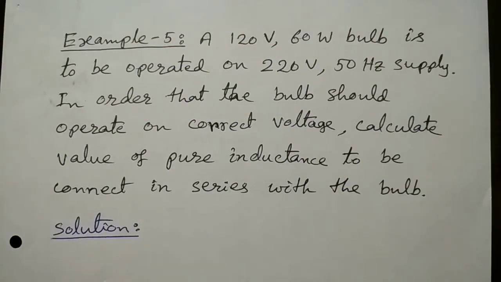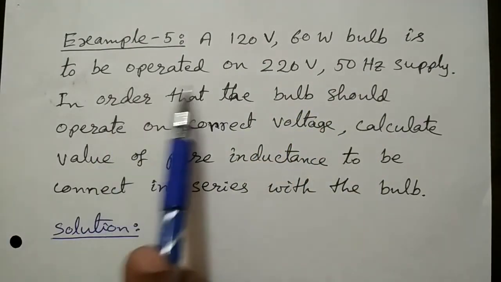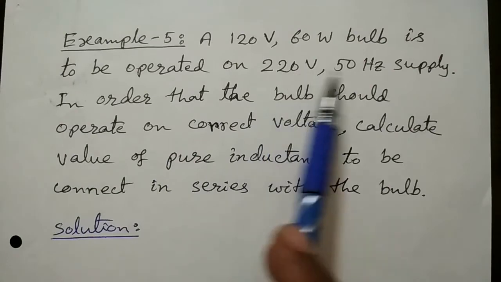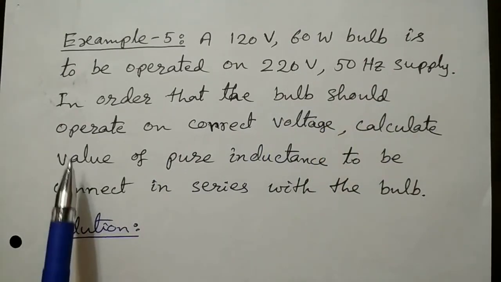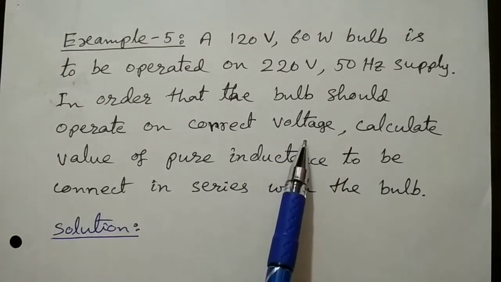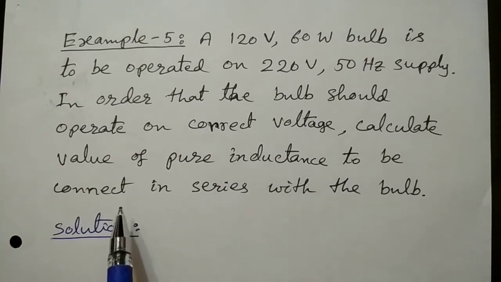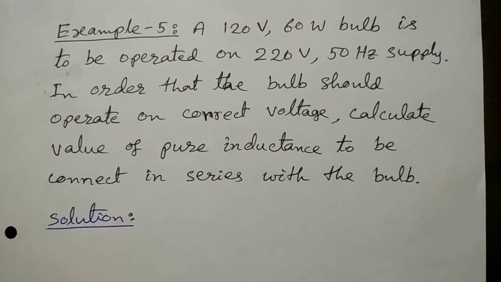The next question is: a 120 volt 60 watt bulb is to be operated on a 220 volt 50 Hz supply. In order that the bulb should operate on correct voltage, calculate the value of pure inductance to be connected in series with the bulb. The bulb means a purely resistive part. Here we have to add an inductance in series with the bulb.